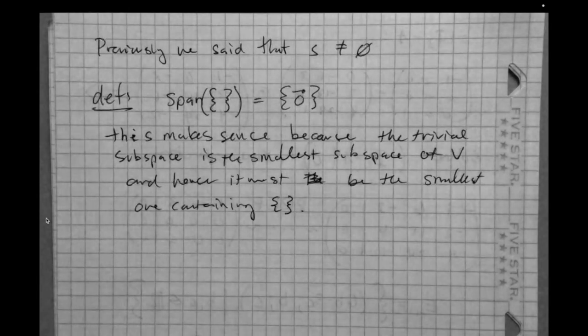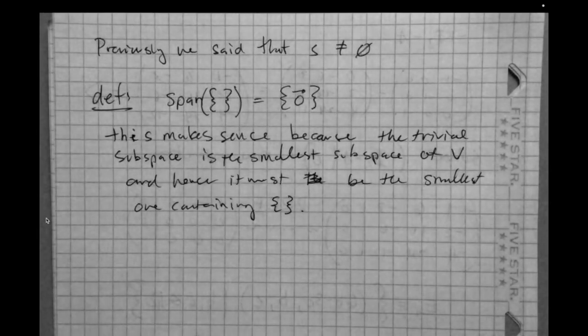You can imagine there are lots of subspaces of V that would contain the empty set, but the span of the empty set would be the smallest one containing it. That's by definition. It follows from our previous theorems, and so this makes a lot of sense. This is hopefully intuitive. Sometimes when you're dealing with items related to the empty set, things can lack intuition, but I think this one makes a lot of sense.